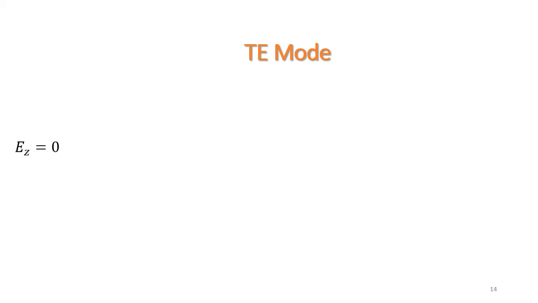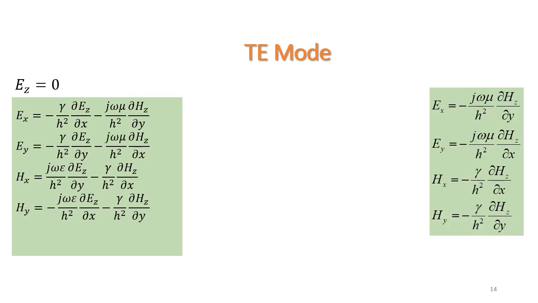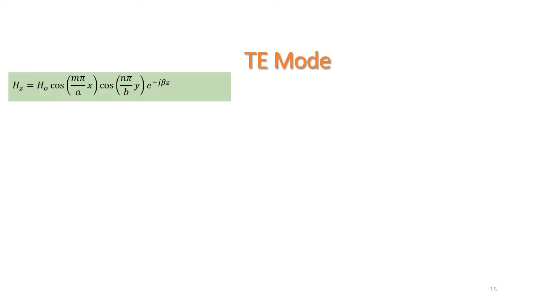So after putting Ez equals 0, we have Ex equal to minus j omega mu upon h square d bar Hz upon d bar y. In that way, all these four equations can be written. Now, to find the solution for these equations, we have to use the method of separation of variables.